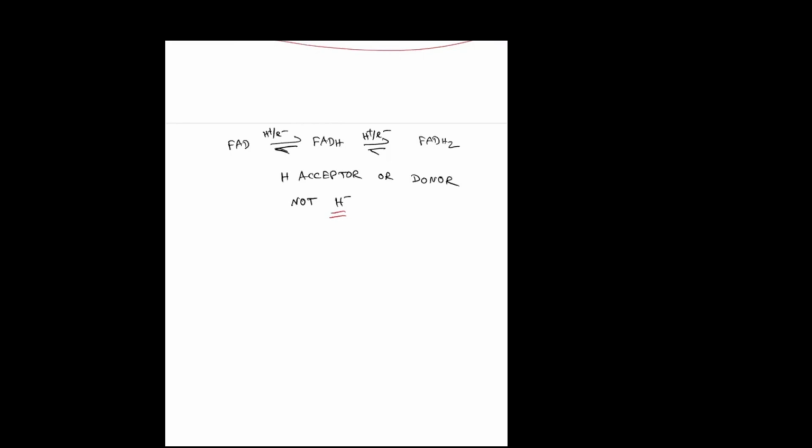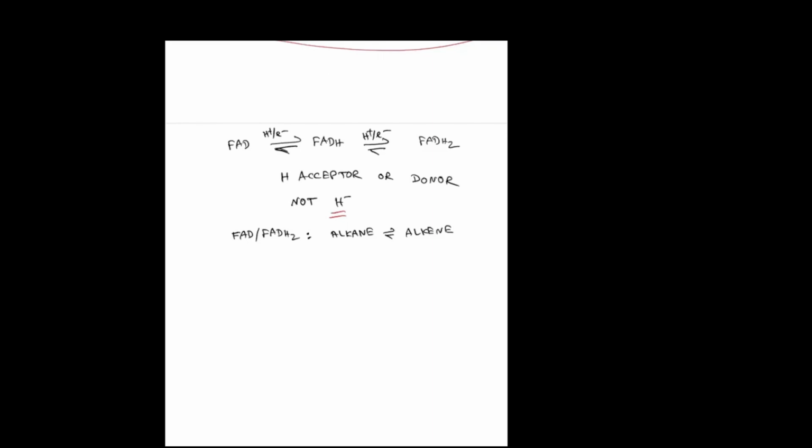For the FAD, FADH2 couple, the example we're going to see in the citric acid cycle, and only one specific example, is that whenever these are involved, they interconvert alkane to alkene. We're also going to see this when you do the lipid chapter, fat metabolism. Still, going from alkane to alkene is a 2-electron process.